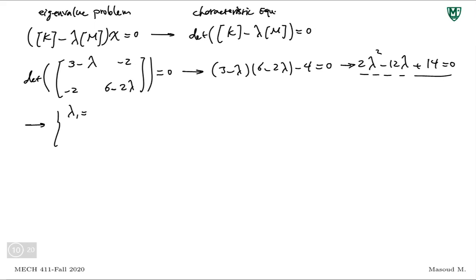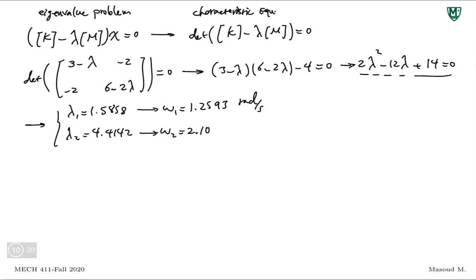Lambda 1 becomes 1.5858, and lambda 2 becomes 4.4142. From there, omega 1 is the square root of this, which is 1.2593 radian per second, the first natural frequency. Omega 2 becomes 2.1010 radian per second as the second natural frequency.